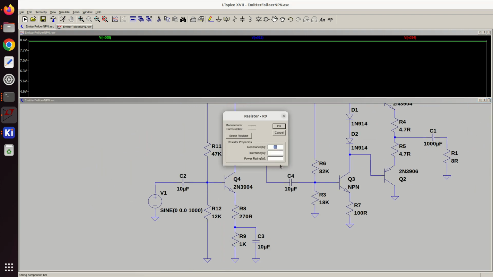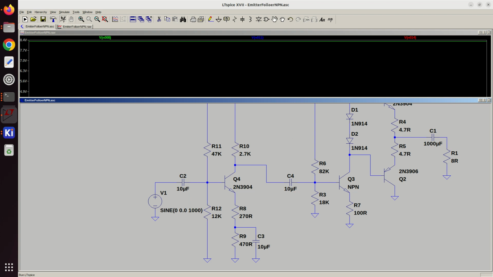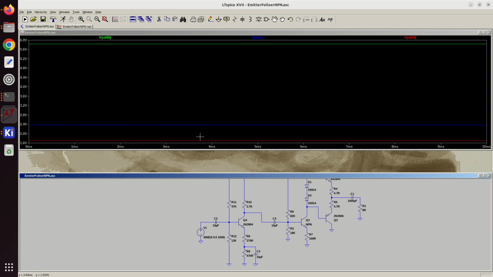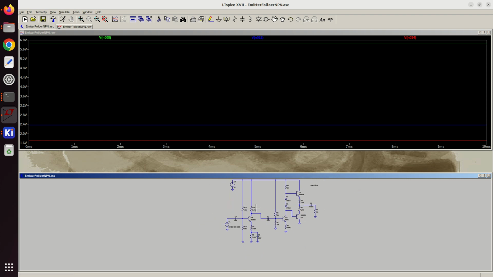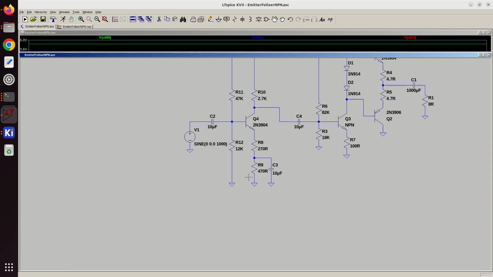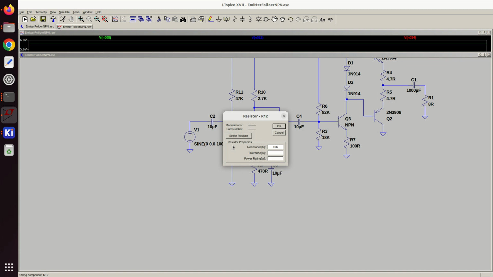I think more of my problem is here, to be honest. So let's do 470. Okay, so we're getting slightly more reasonable numbers. So the collector voltage is just under 6 volts, which is here, and I can just change this to a 10K maybe. It'll make it all perfect.